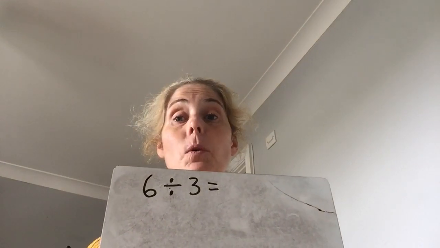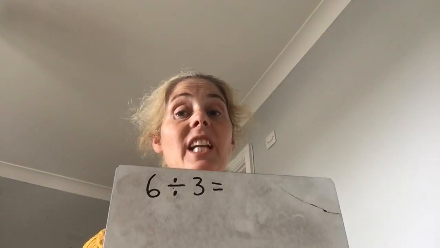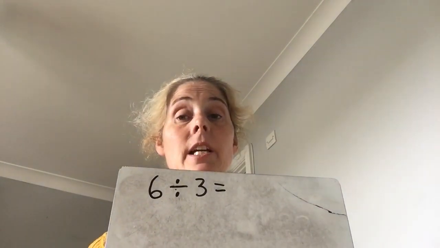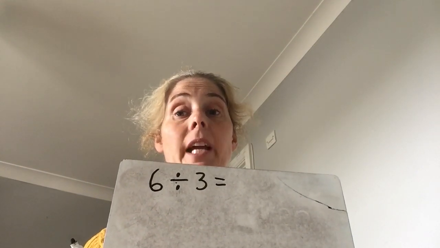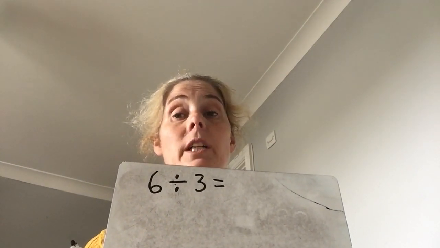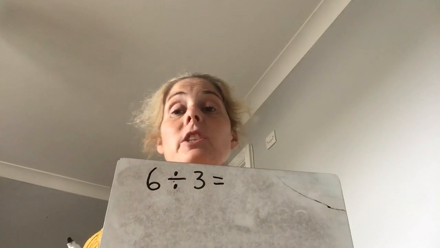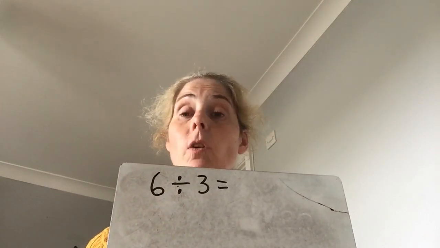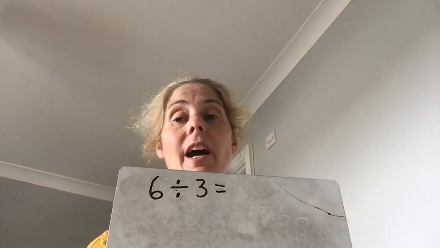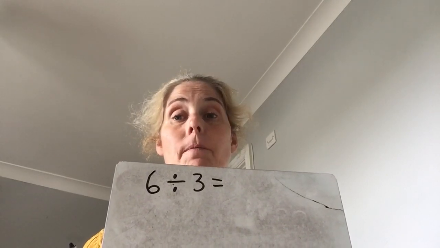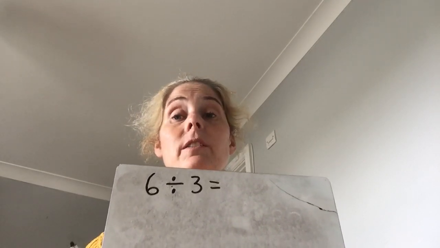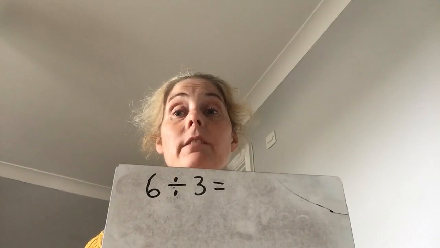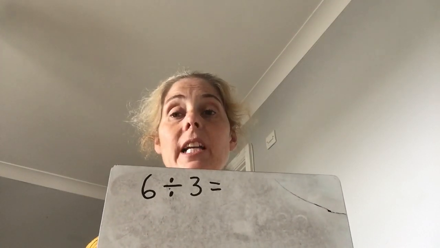But it's really important that we share things equally. We can't have 6 of something and give one person 4 and the other person 2, because that's not equal. They have to have the same amount, okay? So division is all about being fair as well, and sharing fairly.